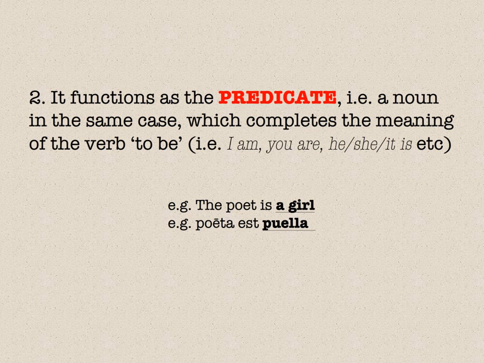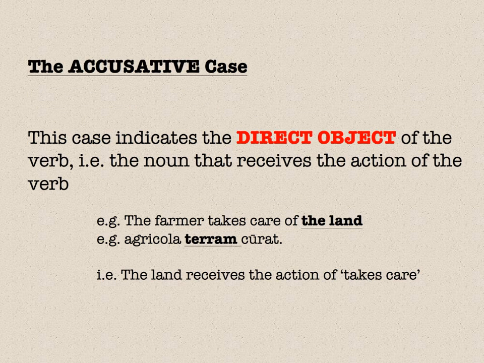Here, the poet is further described by the noun girl. And in Latin, both of those words are in the nominative. So poeta est puella. Poeta and puella are both in the nominative. Poeta in this sentence is the subject, and puella, which further describes the subject, is the predicate or the appositive.